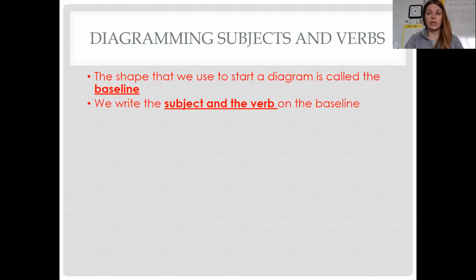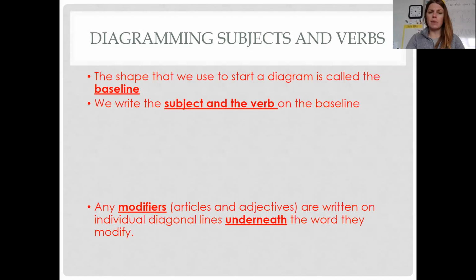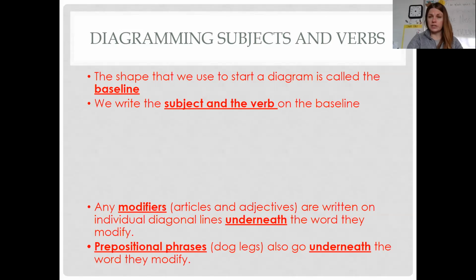And we write our subject and our verb on the baseline. Baseline, subject, and verb. Any modifiers, such as articles and adjectives, are written on diagonal lines underneath the word they modify. And prepositional phrases, those dog legs, they also go underneath the word they modify. So most important stuff on top, modifiers underneath.